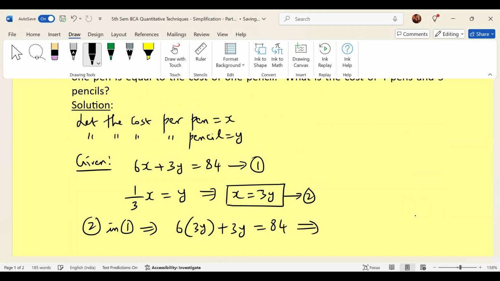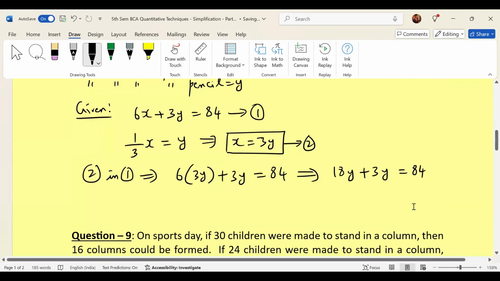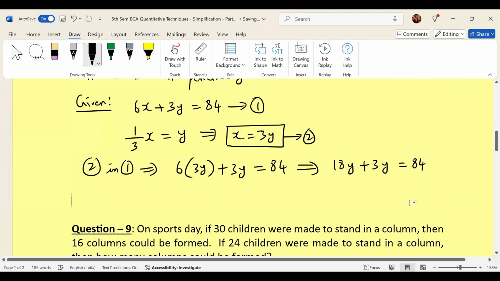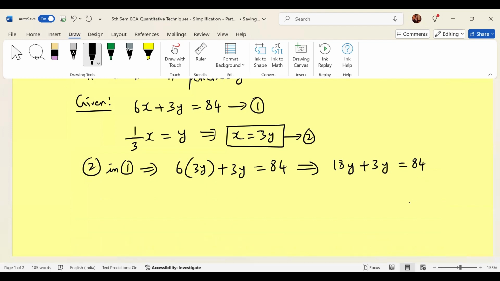That means 18y plus 3y equal to 84. That is 21y equal to 84, which means our y is 84 by 21, which will be 4.